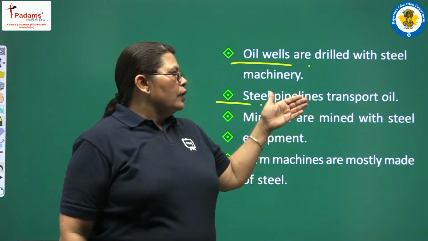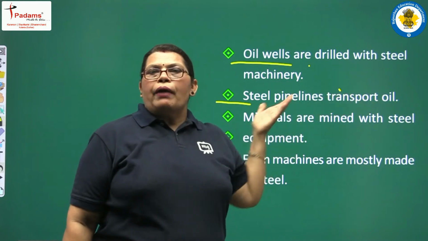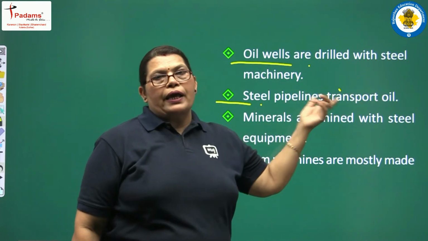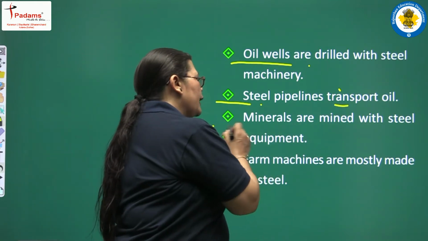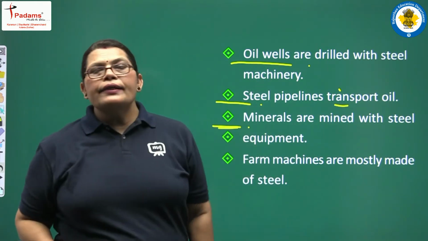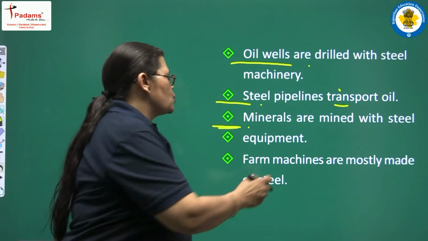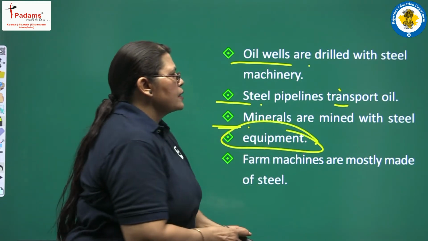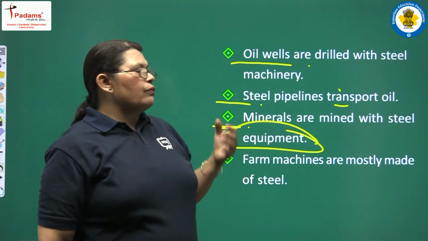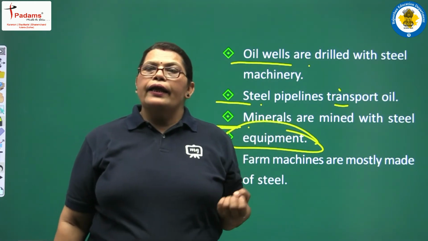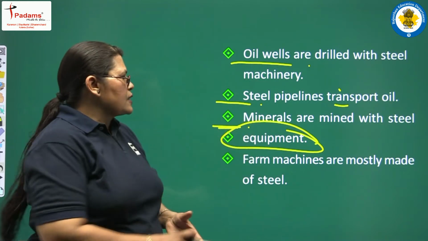Yes, if there is iron in pipelines, then rust forms and oil is not in a position to be transported. Next point is that minerals are mined with steel equipment. Yes, only steel equipment is used for mining and mineral extraction.